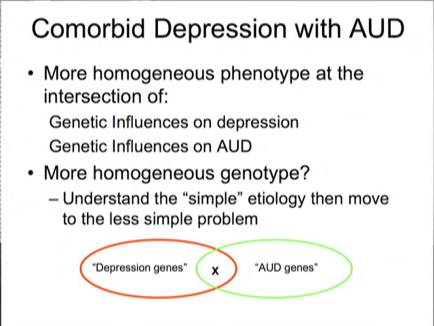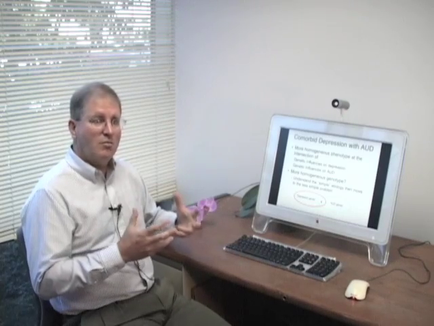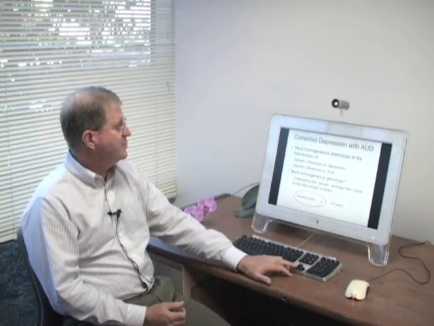We may find a set of genes that are common to both phenotypes and are a more simple set of genetic variants that will allow us to understand the etiology, then over time move to more complex phenotypes.